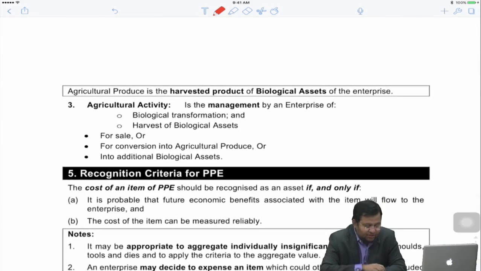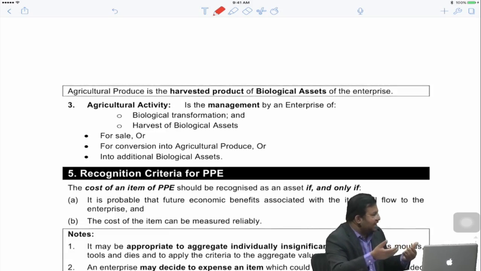Agricultural produce is a harvested product of a biological asset of an enterprise. Agriculture biological asset मतलब plant. वो plant का जो produce है harvested करके, harvesting करके या जो care वगैरह लेके आपने जो बनाया है वो क्या बन गया? Agricultural produce बन गया.